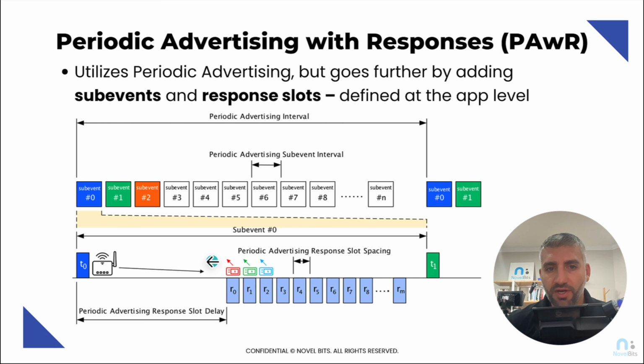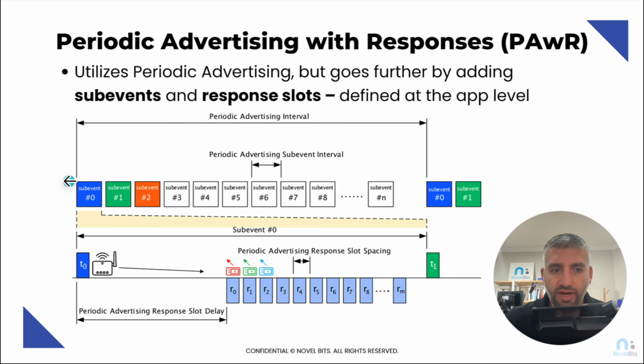So it does use periodic advertising, but it goes further by taking a periodic advertising interval and segmenting it into sub-events and what's called response slots within that. So let's take a look at that. We have an interval, and if you go back to the example that we looked at in the previous section, you will have just one packet being sent at every interval.